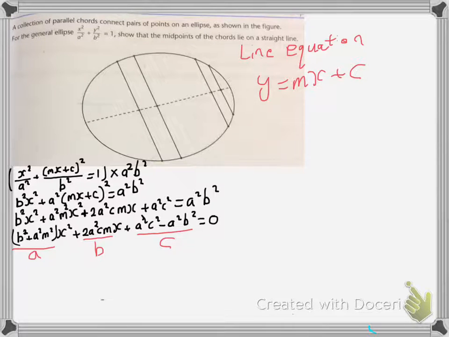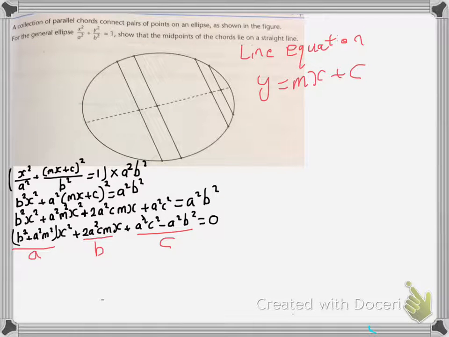Okay, as we know, the midpoint x is the sum of the two points divided by 2.